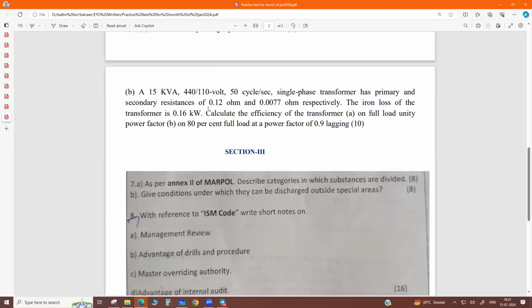Then I2 square RL you can calculate. So you get the full load copper loss, but at 80% it varies with the square of the load, so your copper loss varies with 0.8 squared.